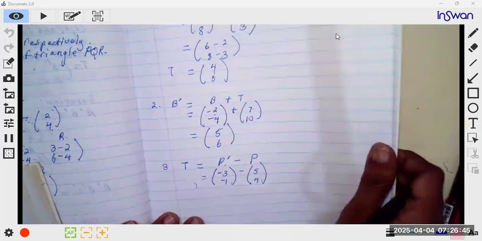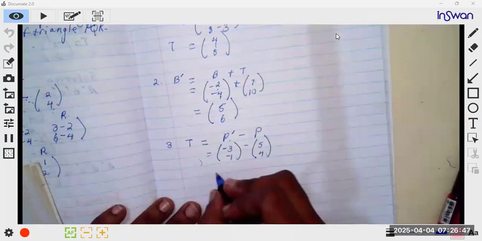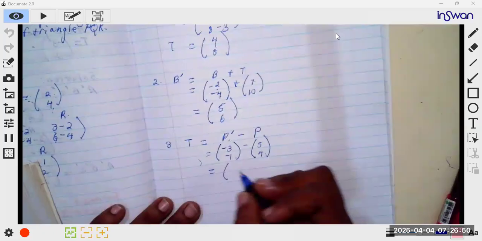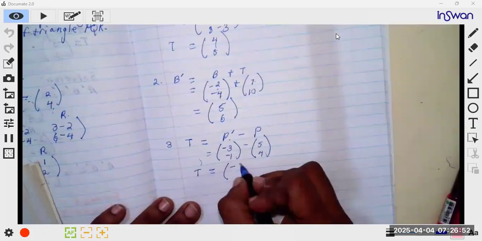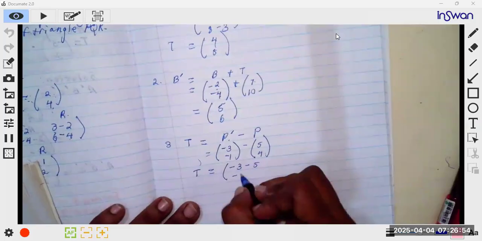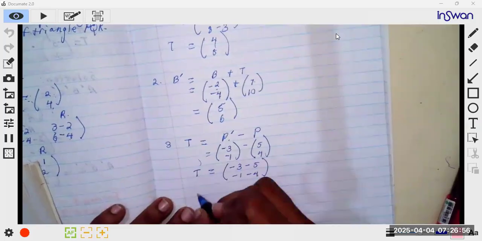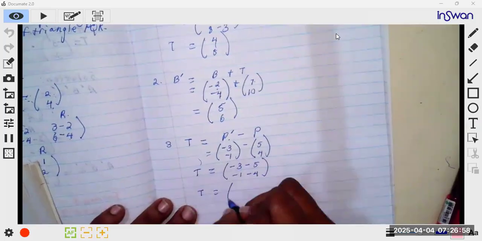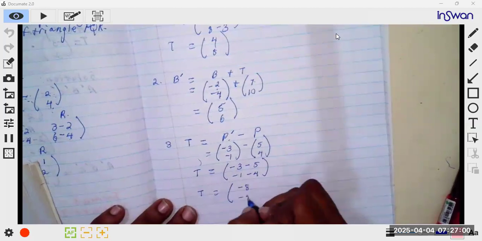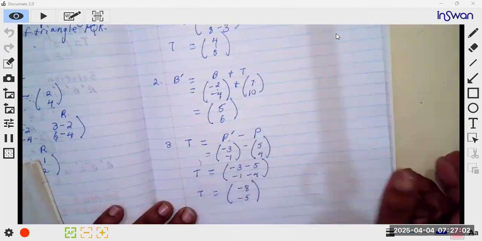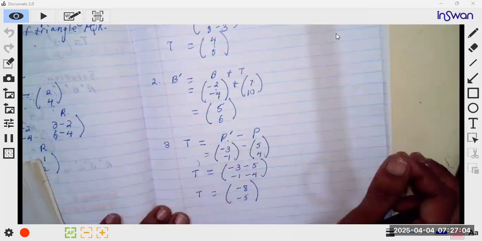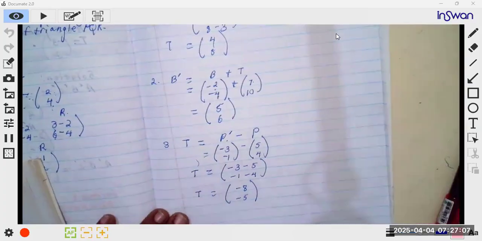Right? So the translation vector will be minus 3 minus 5, minus 1 minus 4. So this will be minus 8 and minus 5. All right? Any question about number 3?